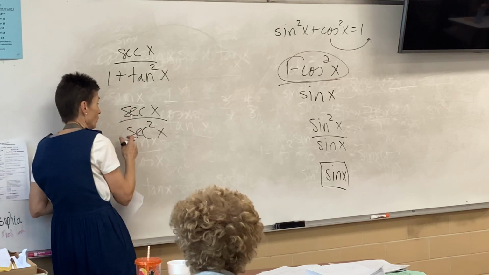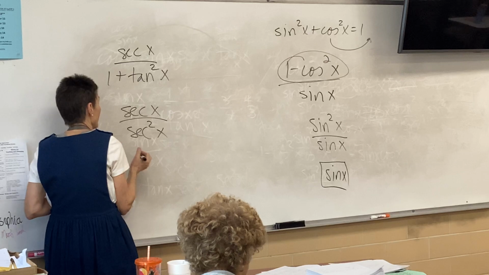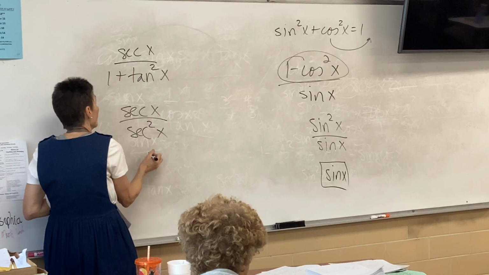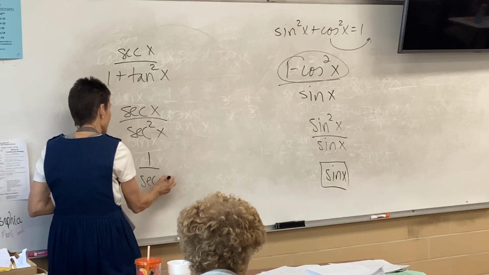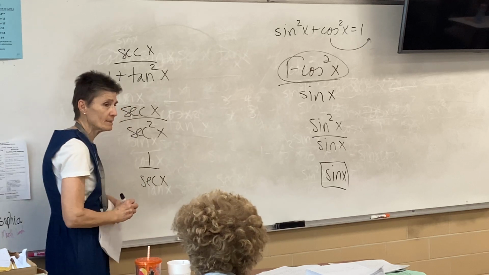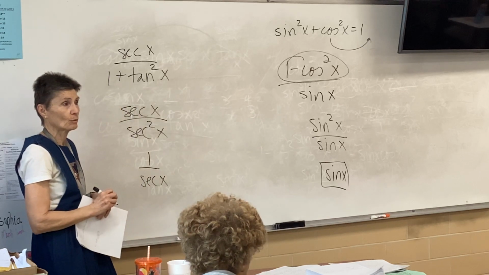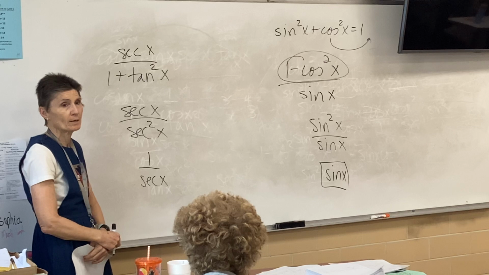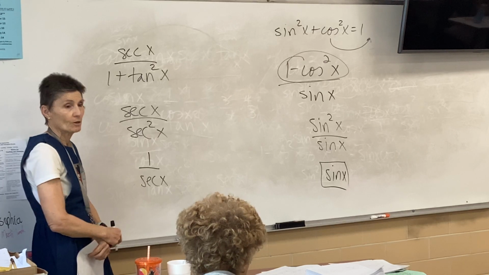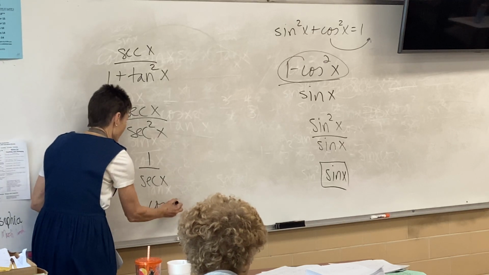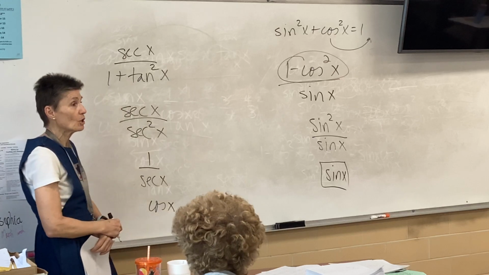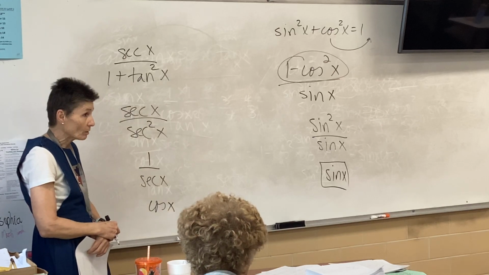You can cancel, but be careful when you cancel. What are you going to be left with? 1 over secant. And what is another better way of writing 1 over secant? Cosine. Remember, secant and cosine are reciprocals.